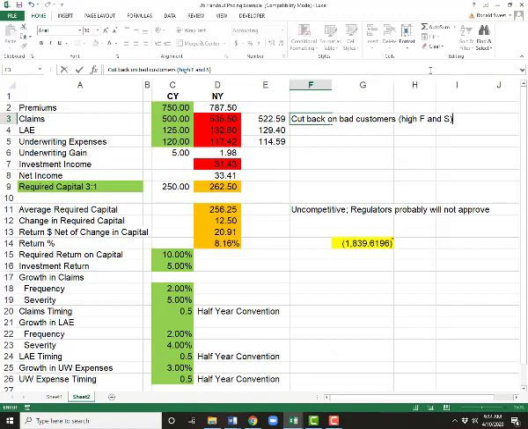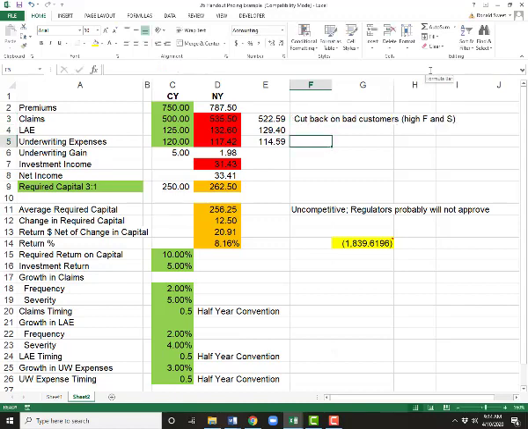We talked about that with credit scores. If you find some new way to underwrite, obviously you have to prove that with the states. But if you can find some way to do that, then that might be some mechanism that you can better underwrite this business. But if you can somehow get rid of your worst customers, you don't renew them. So that's a possibility.